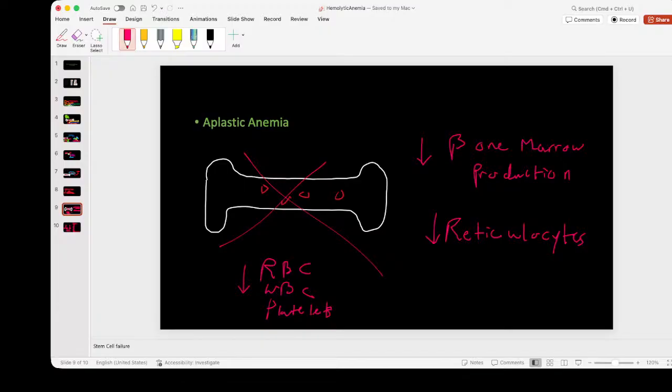You need red blood cells, white blood cells, platelets. You would also see a decrease in reticulocytes, which is a tool that labs use to see how well the bone marrow is working in the production of these different types of cells.